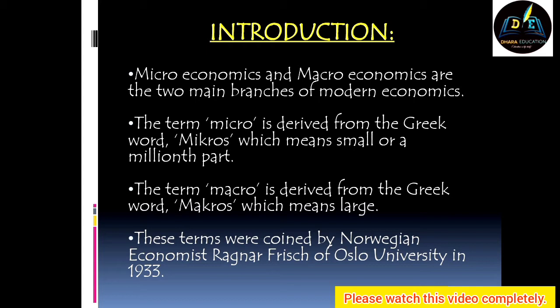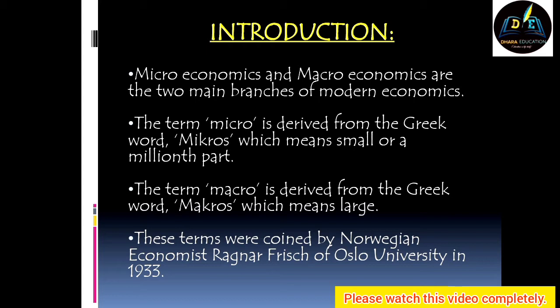The term micro is derived from the Greek word mikros, which means small or a millionth part. So basically economics is divided into two parts, which are called microeconomics and macroeconomics.